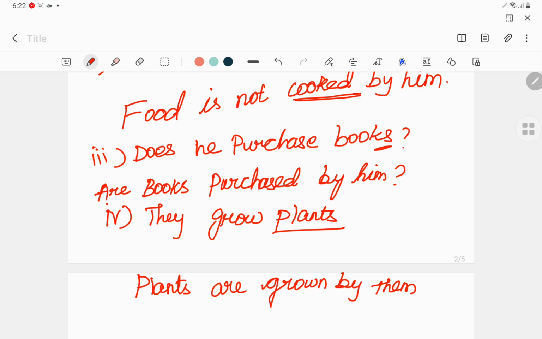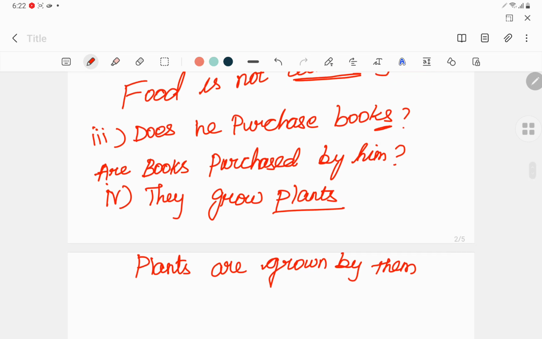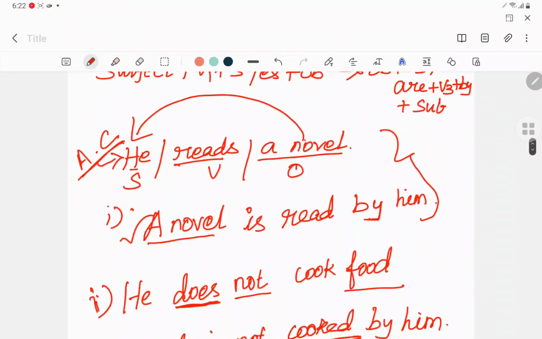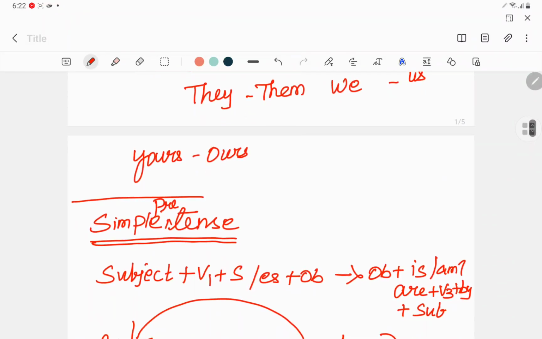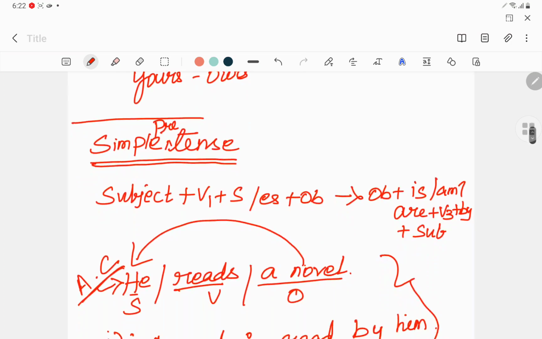Okay, so like that you want to take practice by using that. You want to remember all those rules. First you want to change the object as the subject, and then you want to add the verbs. So simple present tense means am, is, are plus verb 3 plus by plus subject.